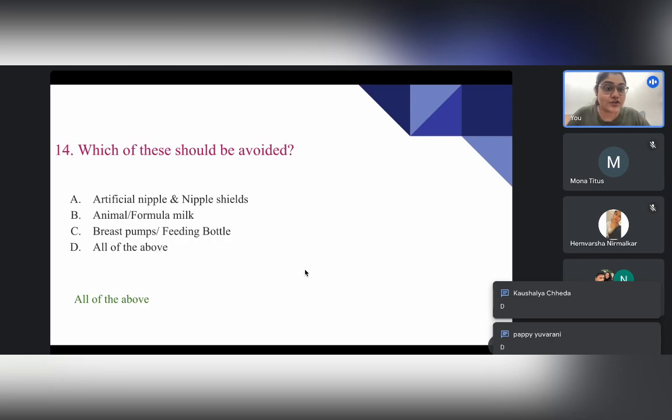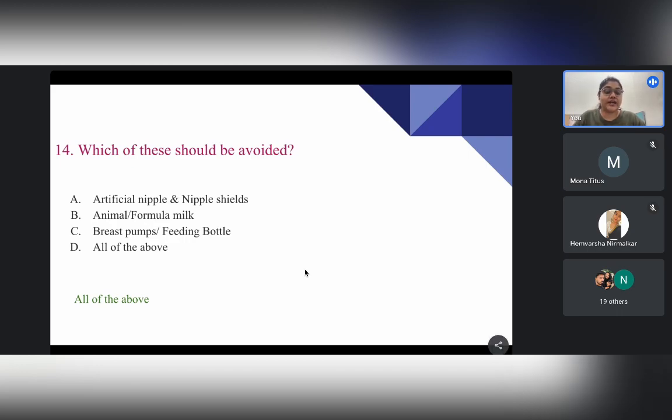There are a lot of situations where mothers have been advocated to use these things. We can come across a lot of women in the West advocating the use of breast pumps. They use these breast pumps and store the milk and then feed the milk to the child. But ideally there is no need of using these unless it is very strictly indicated.